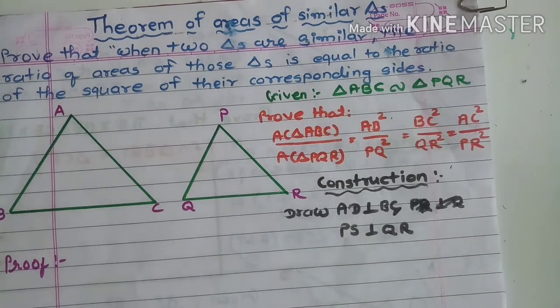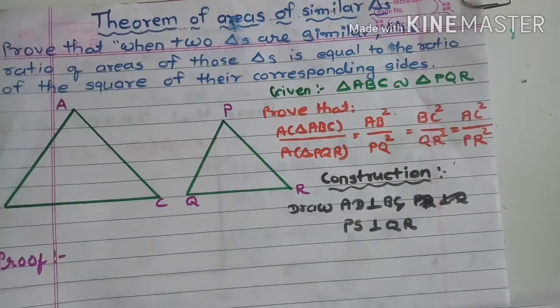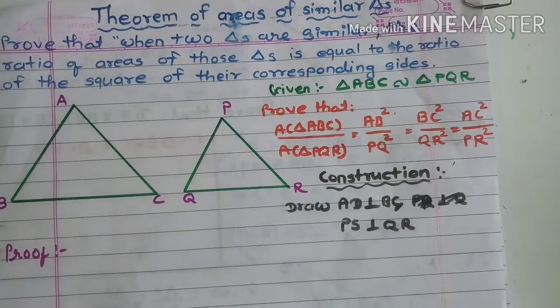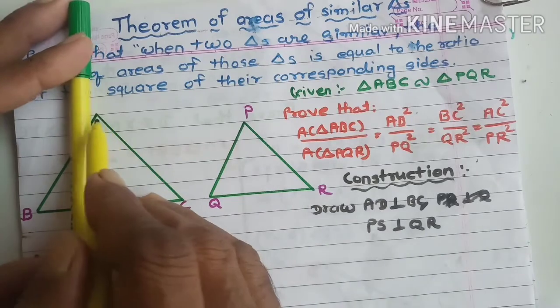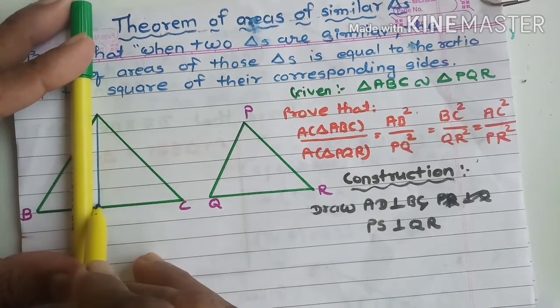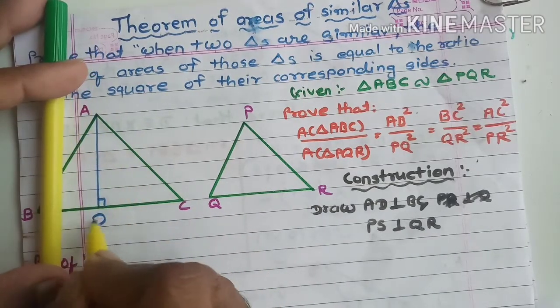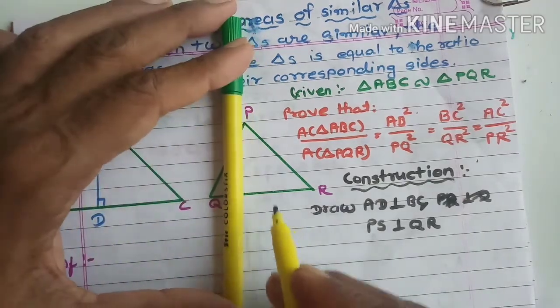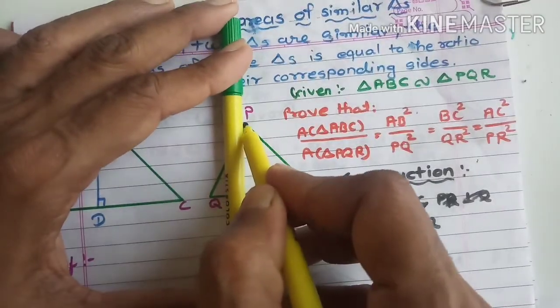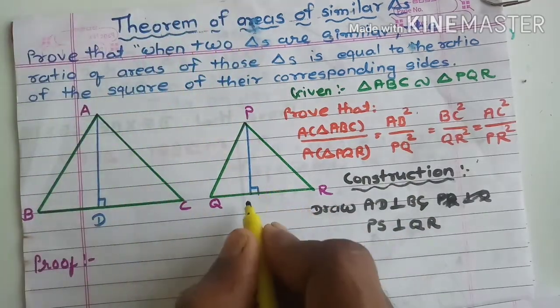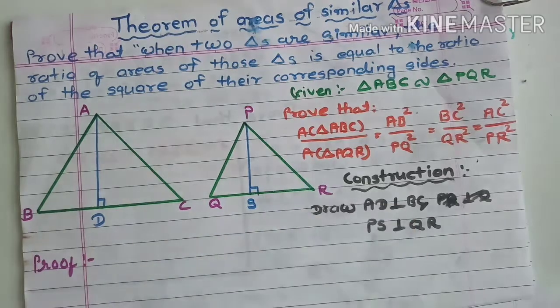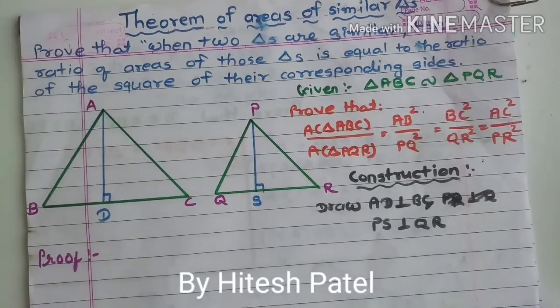So draw AD perpendicular to BC and PS perpendicular to QR. Okay, so this is the construction.